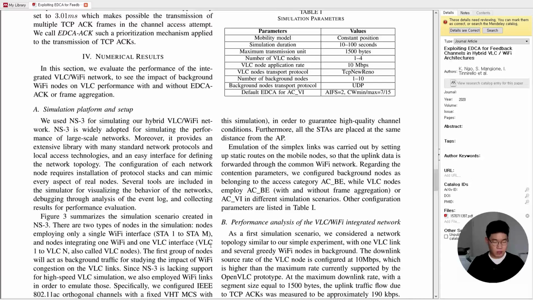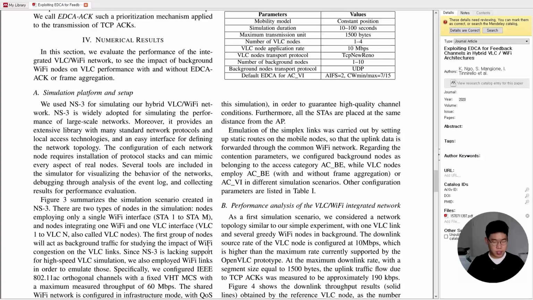Specifically, we configured IEEE 802.11ac orthogonal channels with fixed VHT-MCS, with a maximum measured throughput of 60 Mbps.